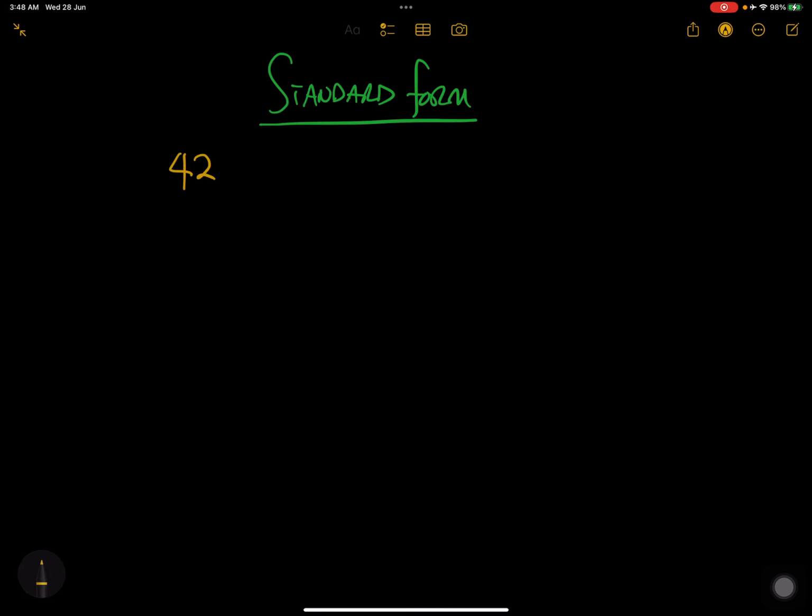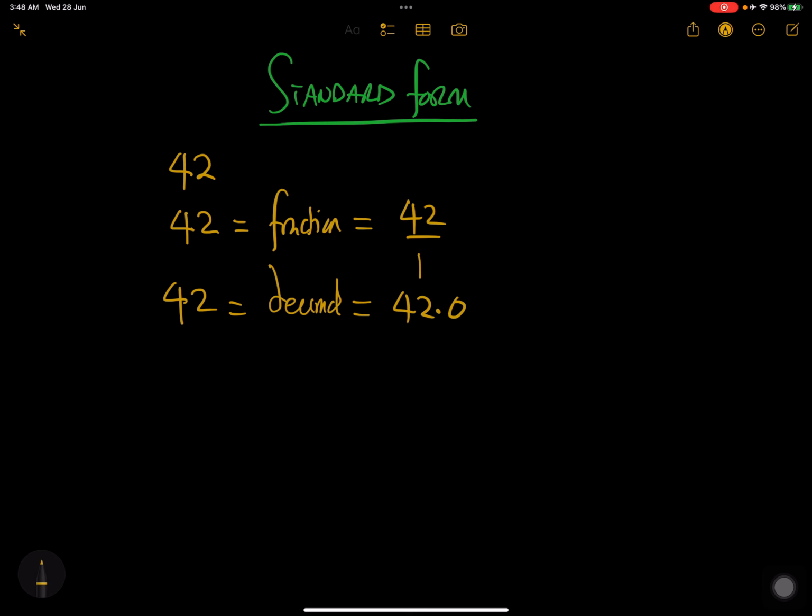Now remember, 42 as a fraction is equal to 42 over 1. But 42 as a decimal is 42.0. The decimal point is behind it.